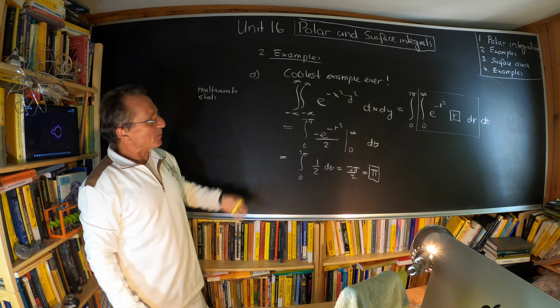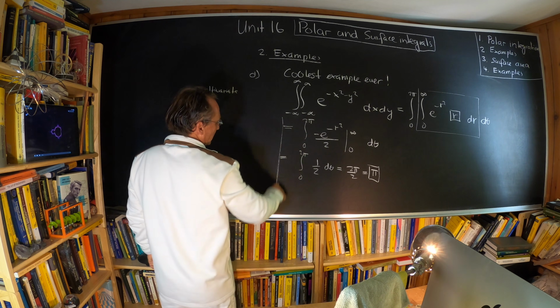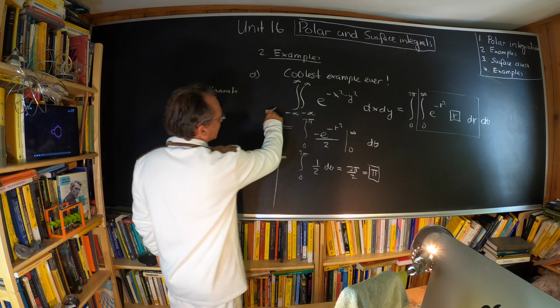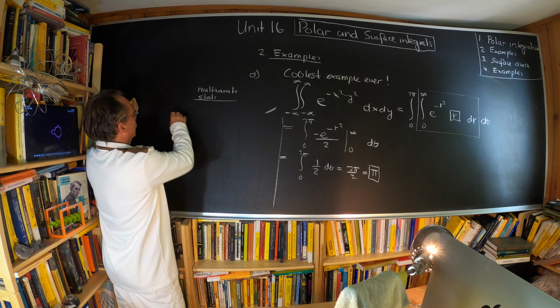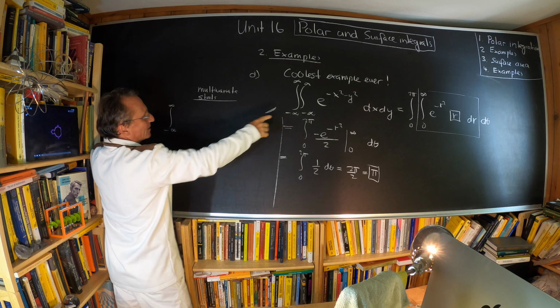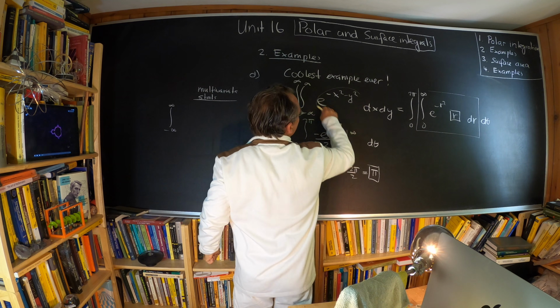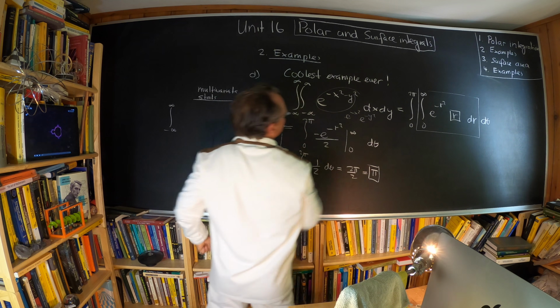Now, a very nice application of this is in statistics, and let me just explain that. We can actually write this a little bit differently. We can write this as the integral from minus infinity to infinity of e to the minus x squared times e to the minus y squared.